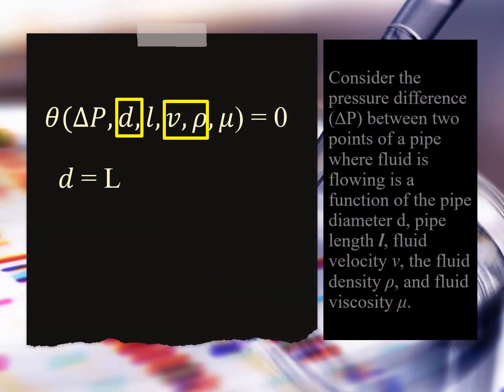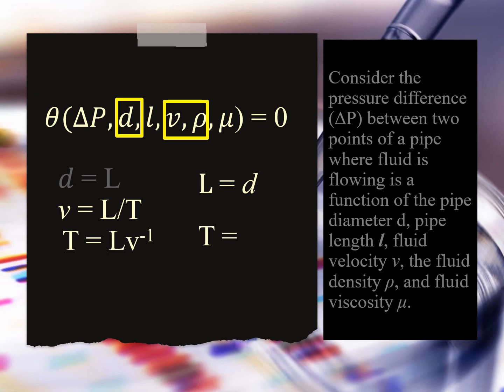First, if we have D equals L, logically L will be equivalent to D. Then, if the dimension from the table of V is L over T, then upon substitution of L equals D, we get V equals D over T. And we can arrange that as T equals D over V, or D V raised to negative 1.